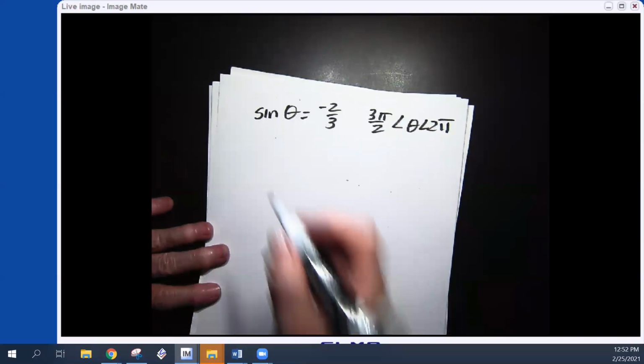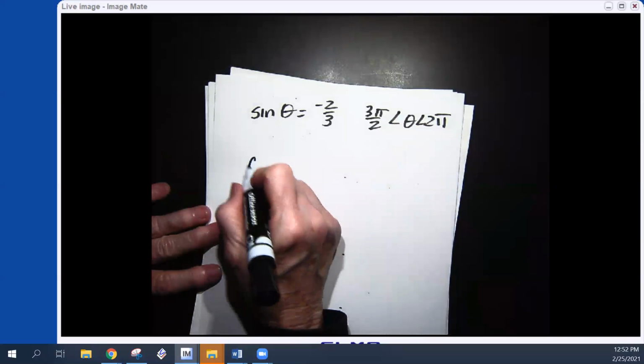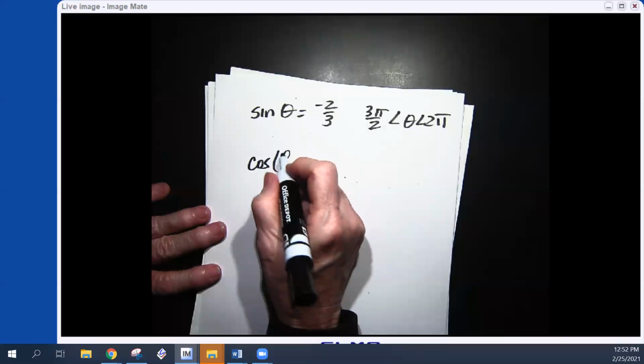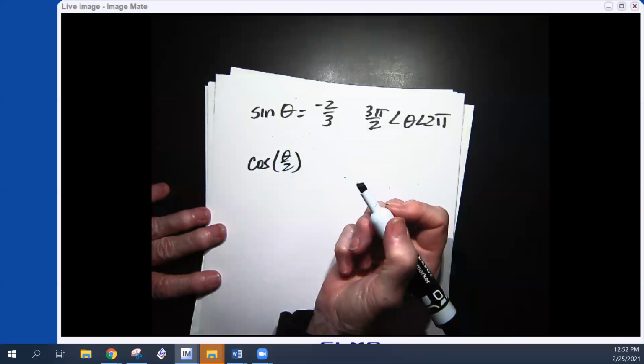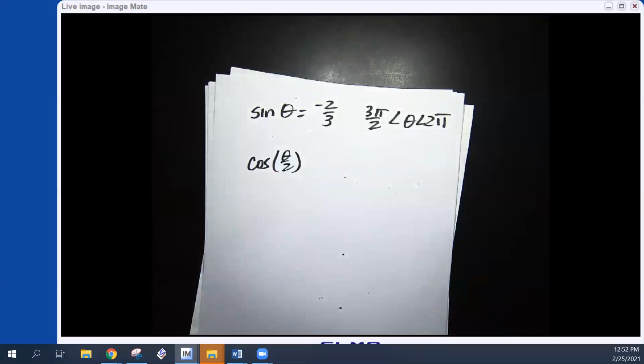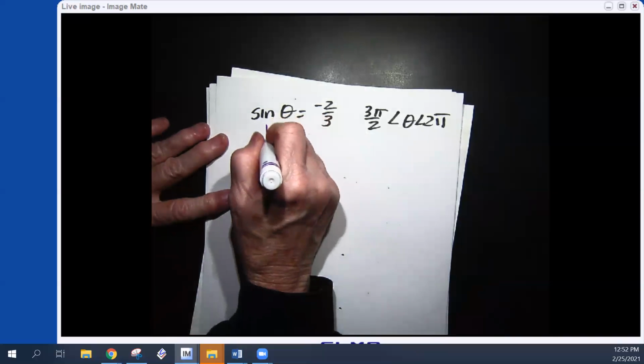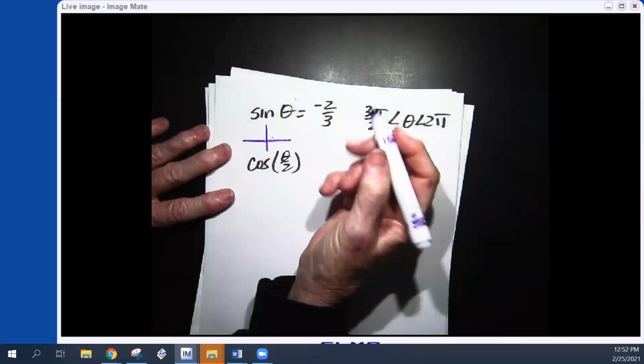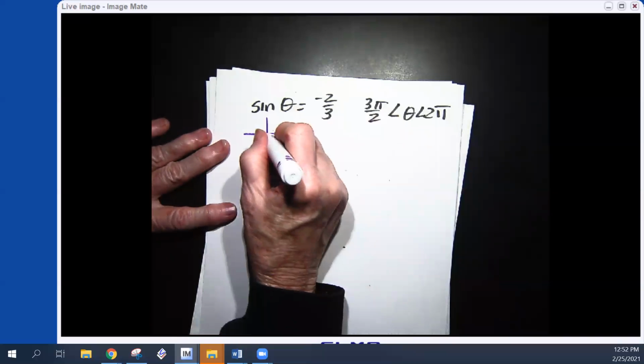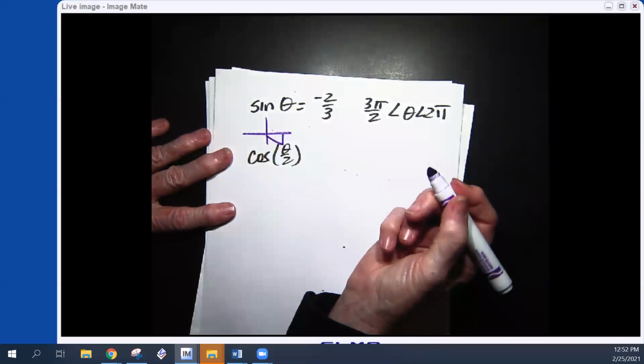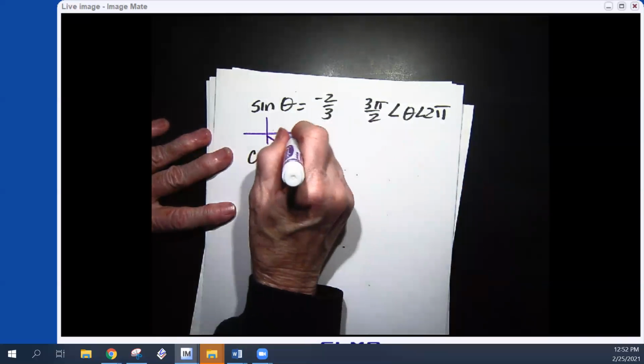And let's say that I want to find the cosine of the half angle. So I want to make my triangle. So 2/3, oops, it's going to come down here. So this would be -2.